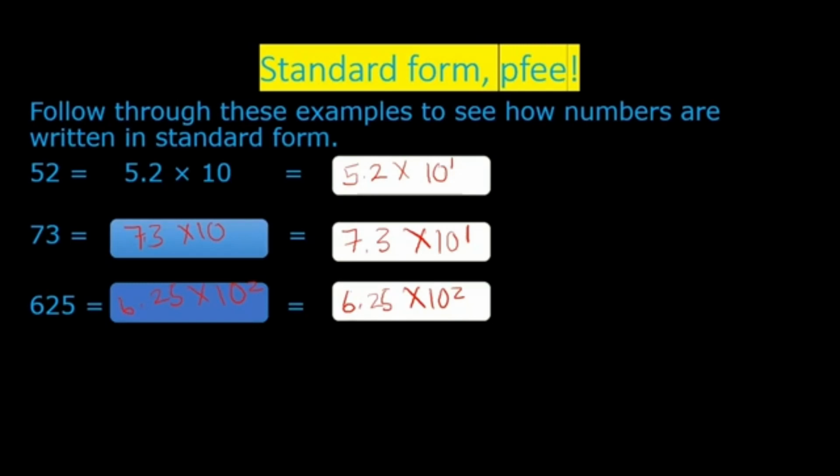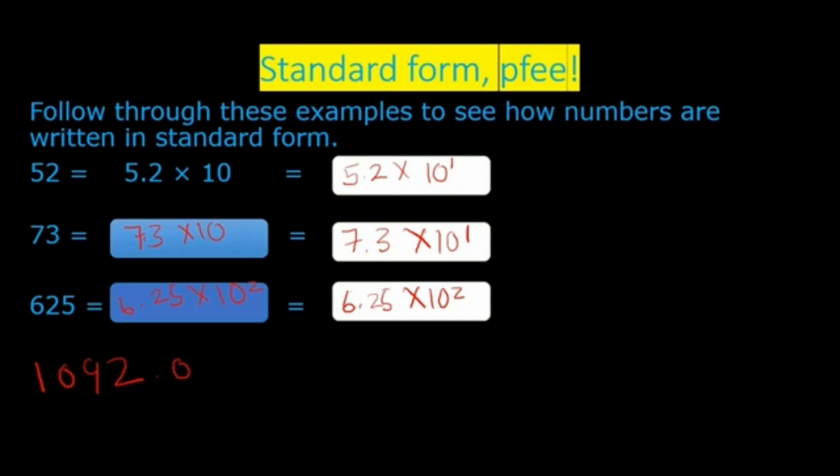Let me give you a simple tip to follow here. Let me give another number, 1092. In this example, we have 1, 2, 3, 4 digits. And all whole numbers can be written in decimal form like this, as the whole number point 0.